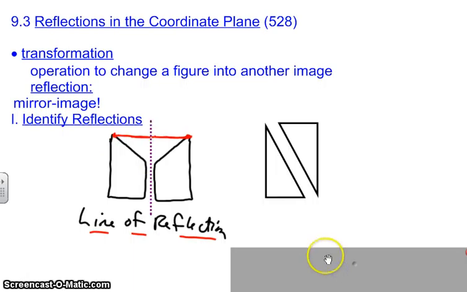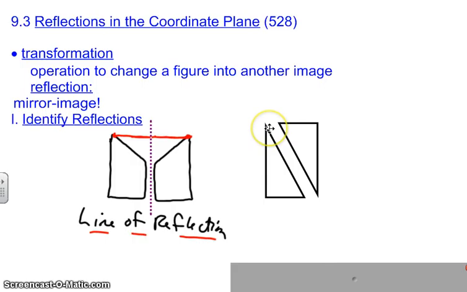So how about this? Could we configure a line of reflection somehow between these two figures? What do you think? Casey, you're saying no? And why is that? What about this way, like between? Could we make it happen that way? Let me grab a line of some kind here. Could we put one here?